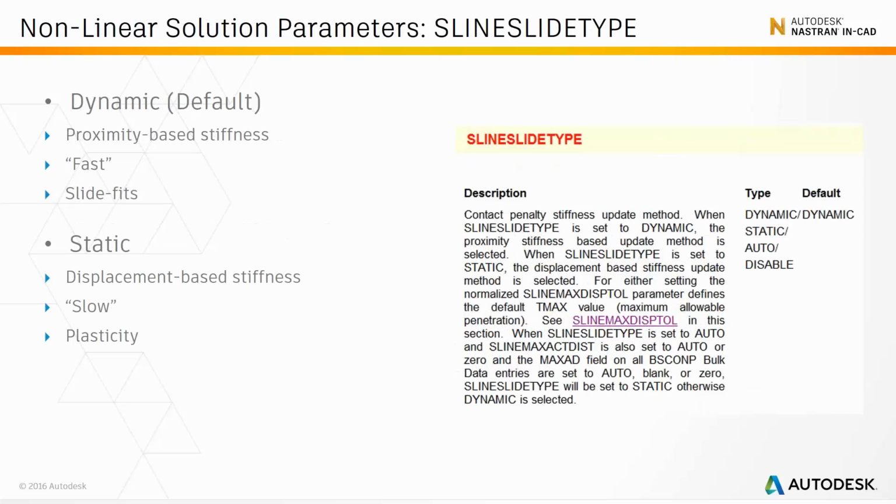The second parameter that I'd like to point you to is a nonlinear solution, S-line slide type. Now this has got two options: dynamic, which is the default, and it's really meant for fast moving parts, where you've got a lot of movement between the contacts of components.